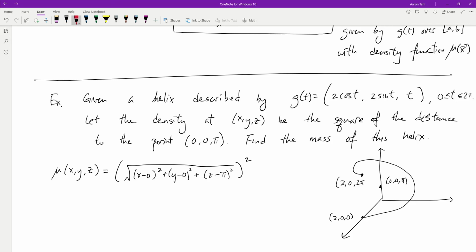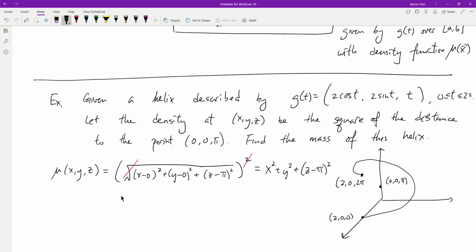Of course, you recognize that the square just cancels out the radical, which is the whole purpose of it, because I don't want to deal with a radical in this case. So this is just equal to x squared plus y squared plus (z minus π) squared. That's pretty good. So that's our density function.